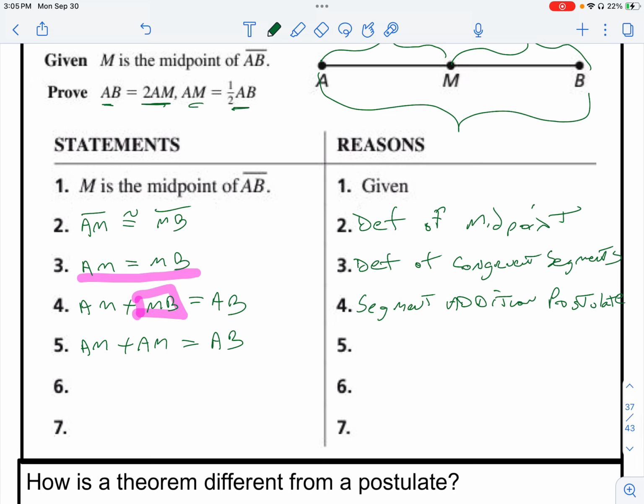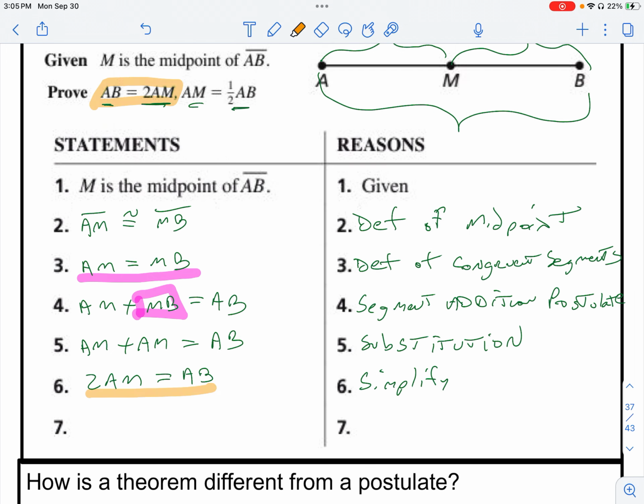Oh, I forgot to write down my reason, so I'll probably miss that one on the test. That was substitution. Then if I combine my like terms, I get 2AM equals AB. This is just simplifying. And this is the first thing we have to prove.